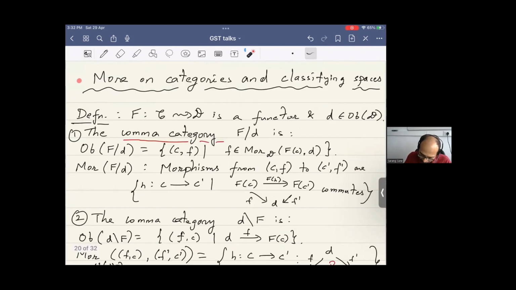Okay, so now let me get to something new. Let's look at categories and classifying spaces.